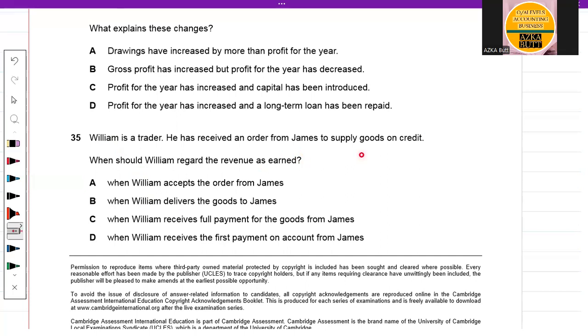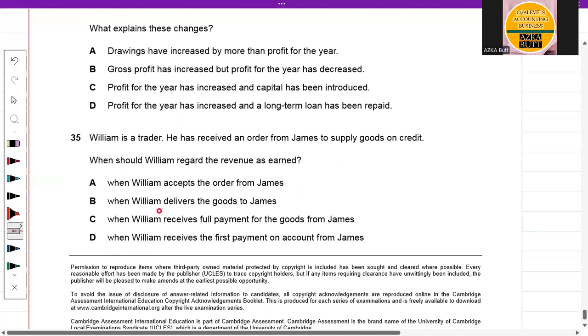We can record this credit sale when we deliver the goods. In option A, when William accepts the order from James, this only shows the acceptance of William. It is not delivered yet. So we cannot say we should record this credit sale as revenue yet. So this is wrong.